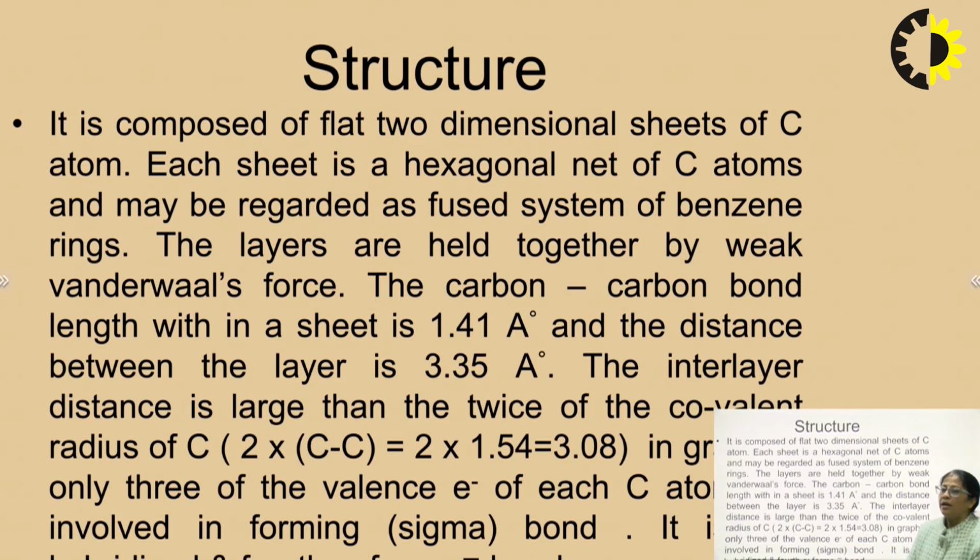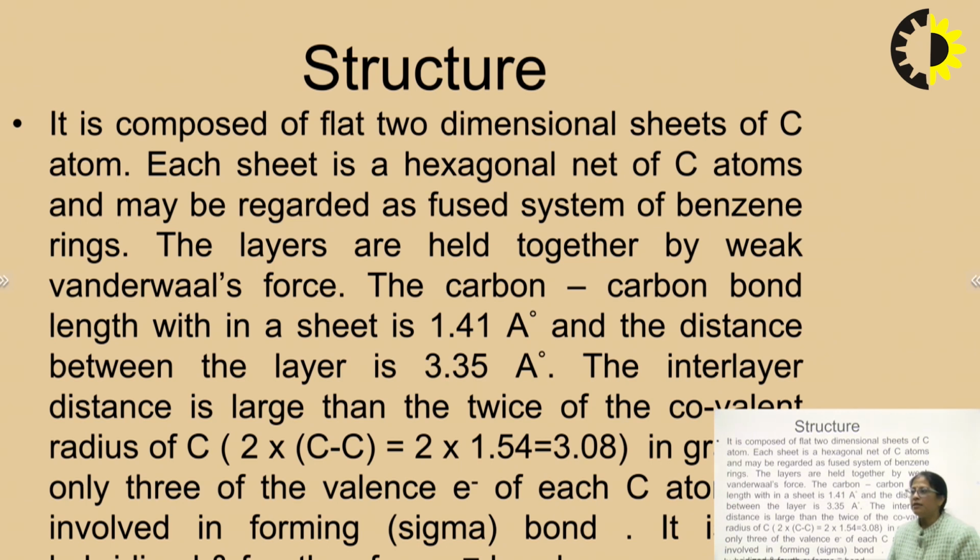Coming to the structure, graphite is a two-dimensional flat sheet-like structure, and each layer is a hexagonal net of carbon atoms. Here the carbon atoms are joined in the form of a hexagon, and they may be regarded as a system of benzene rings.